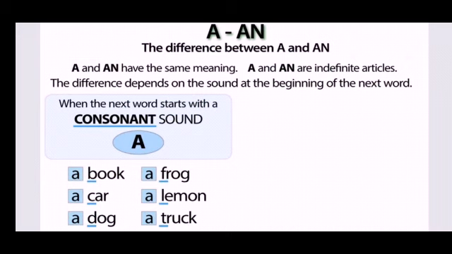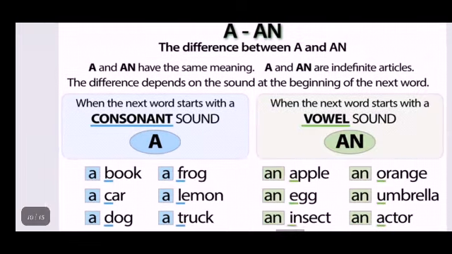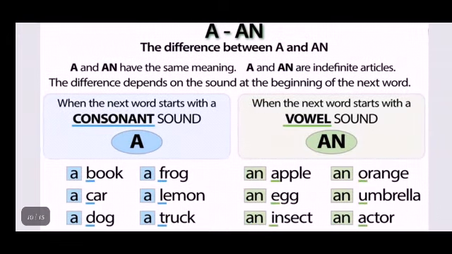Let us discuss the usage of an. Already we discussed consonants and their sound. When the next word starts with a vowel sound, we use an. We know the vowels: A, E, I, O, U. Observe here.